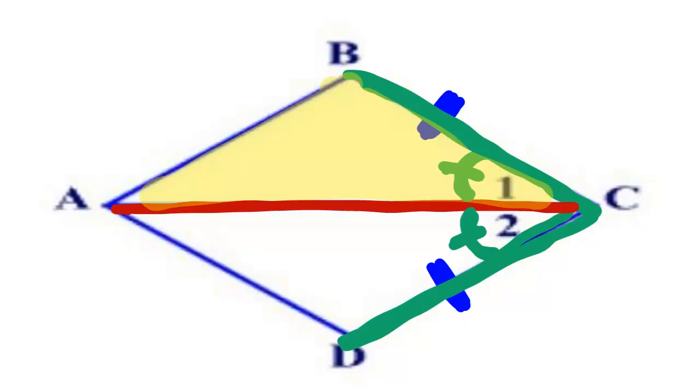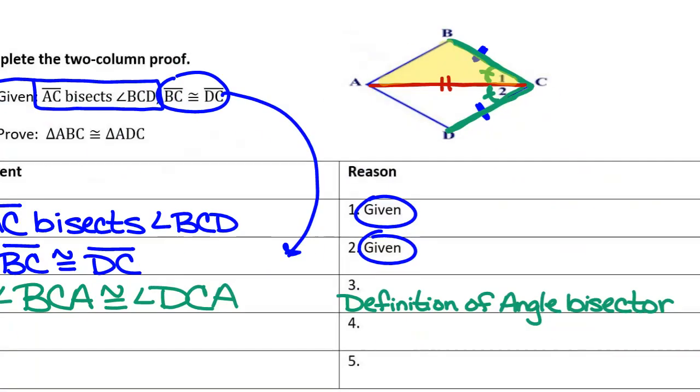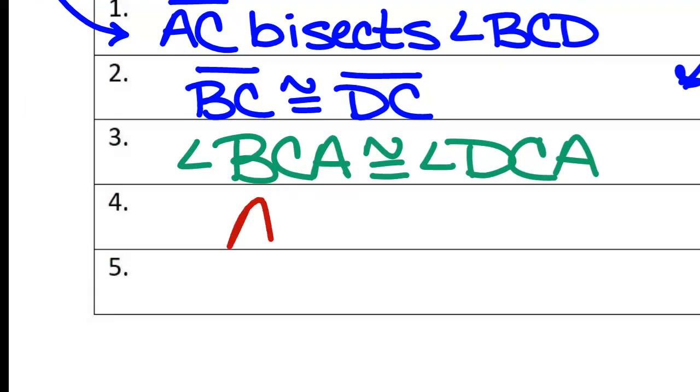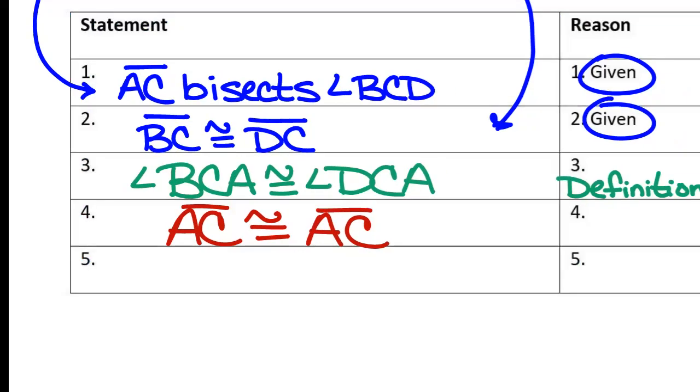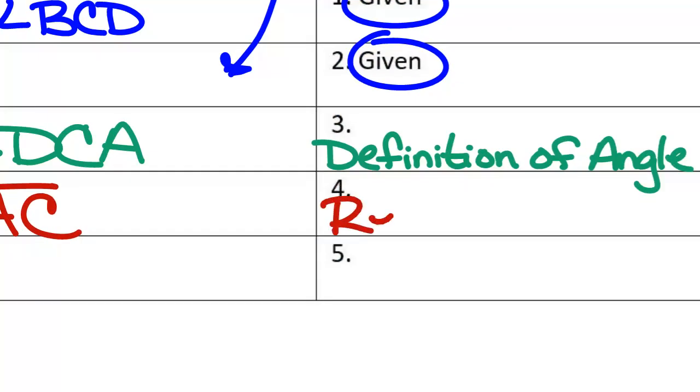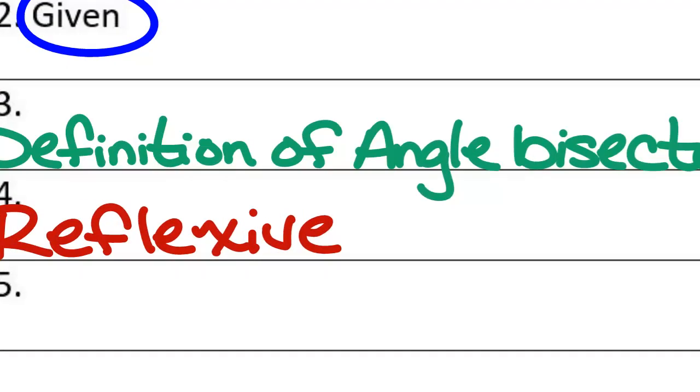What is my shared side? AC. I can mark it as congruent to itself because of the reflexive property. That's right. AC is congruent to AC because of the reflexive property.